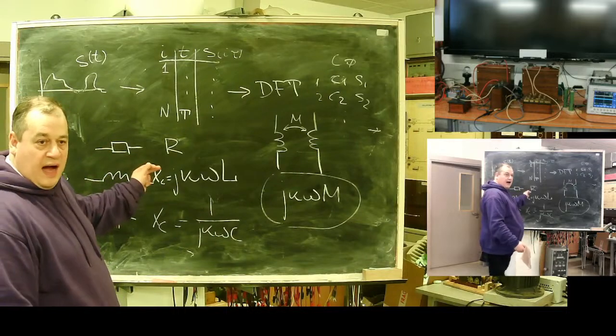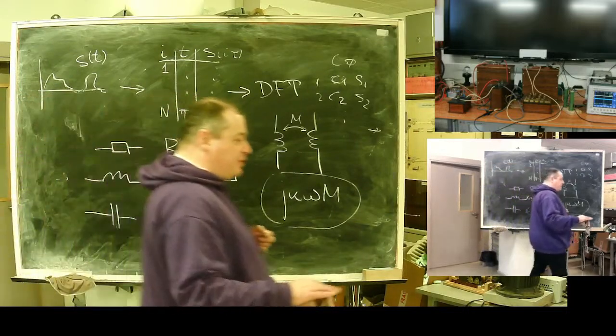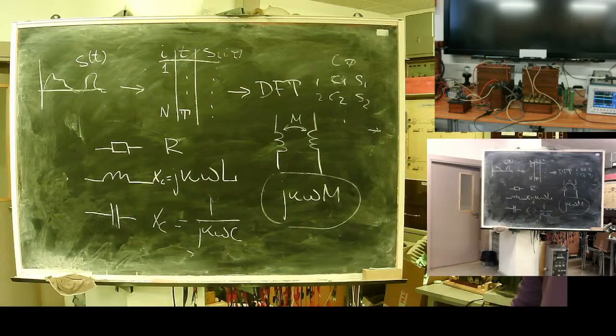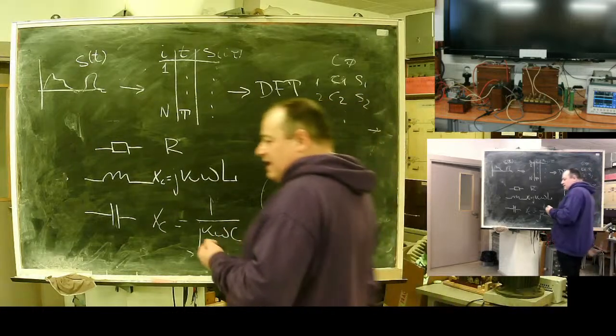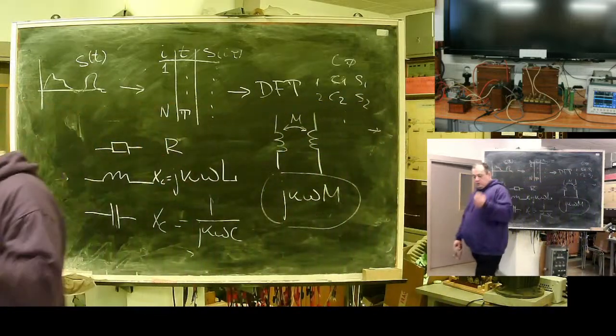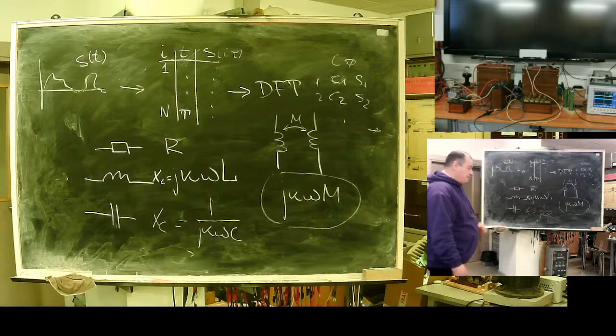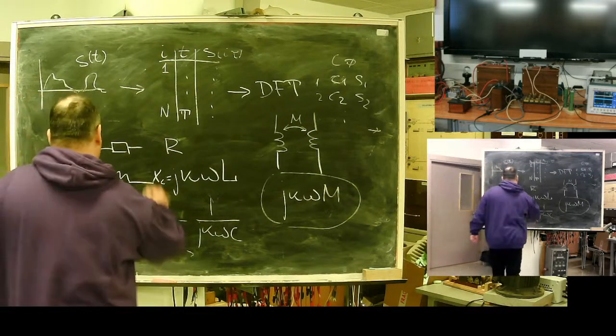Clear? I'm repeating our AC calculus that we made, but multiple times for multiple frequencies. I will get nodal voltages and branch currents in the form of Fourier coefficients, Fourier factors.